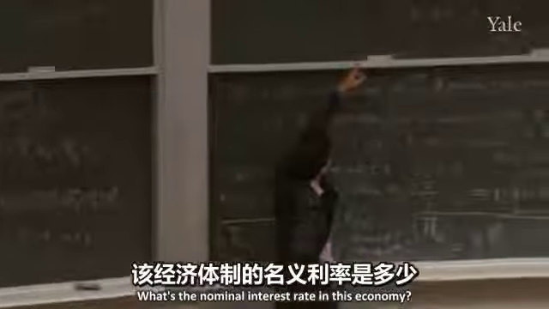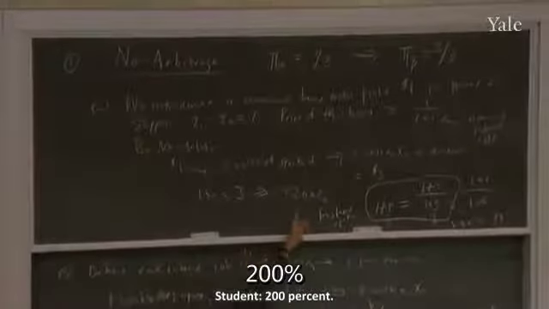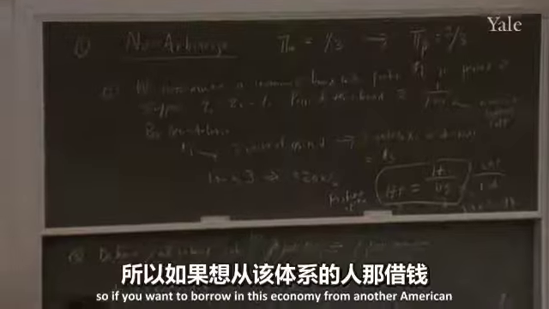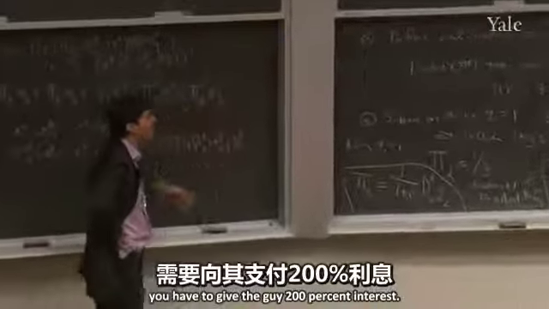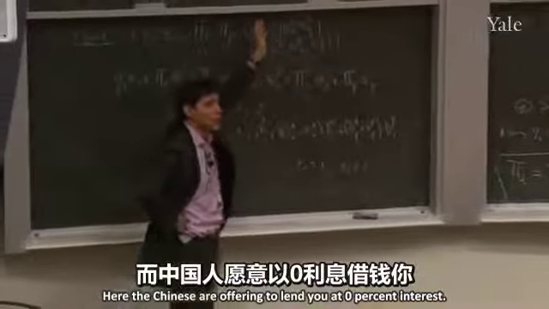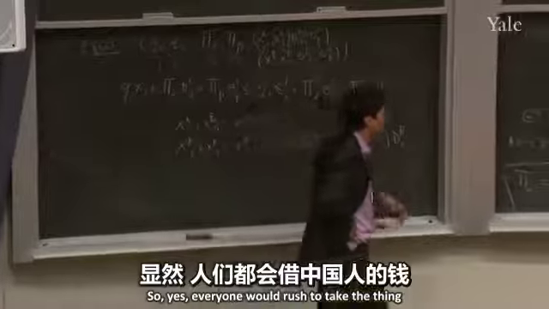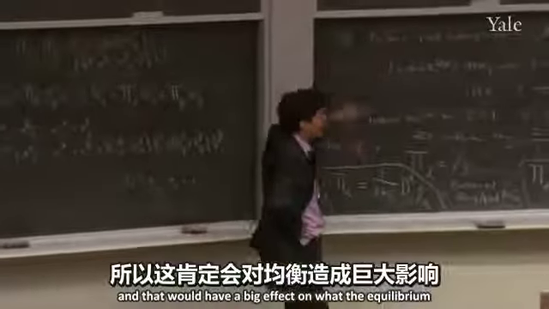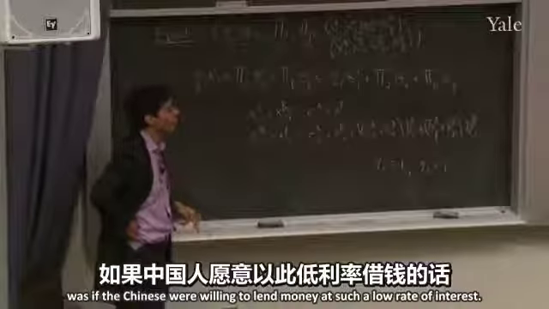What's the nominal interest rate in this economy? 200% interest. So if you want to borrow in this economy from another American, you have to give the guy 200% interest. Here the Chinese are offering to lend you at 0% interest. So yes, everyone would rush to take it, and that would have a big effect on what the equilibrium was if the Chinese were willing to lend money at such a low rate of interest.